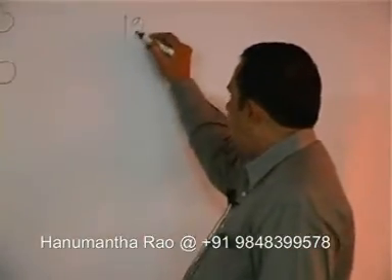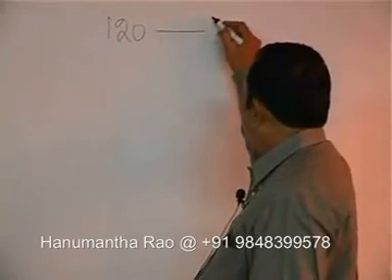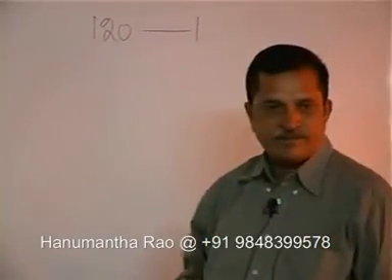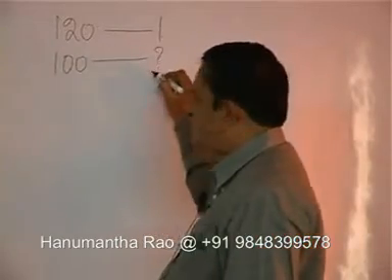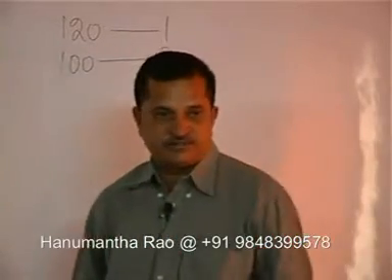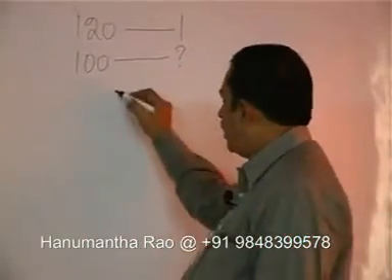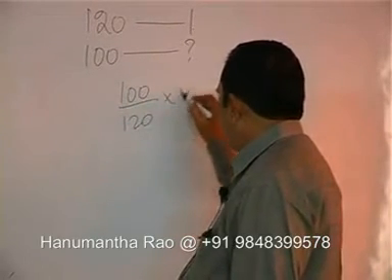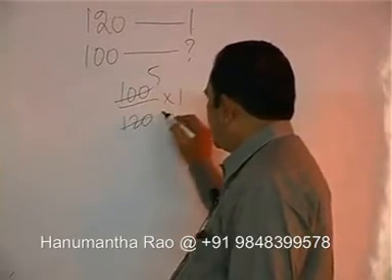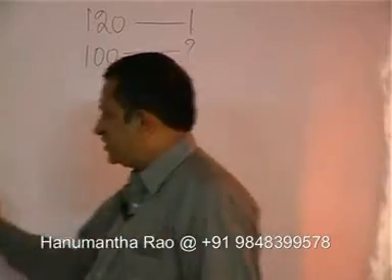By selling at 1 rupee, 20% is gained, which means 120 is 1 rupee. Then 100 will be equal to how much? You will get the cost price after mixing: 100 by 120 into 1, which is 5 by 6 rupee.